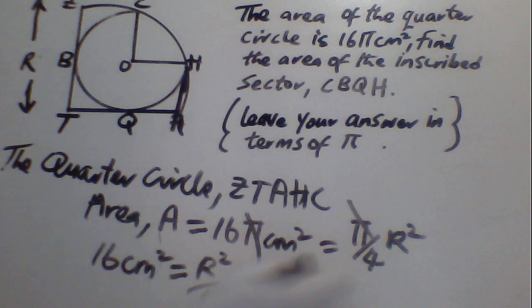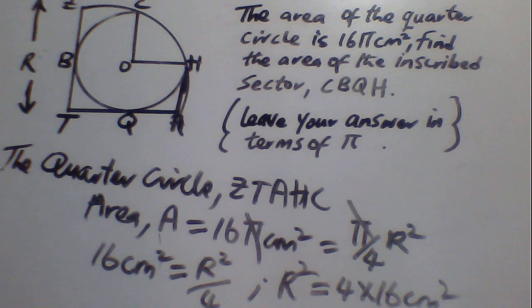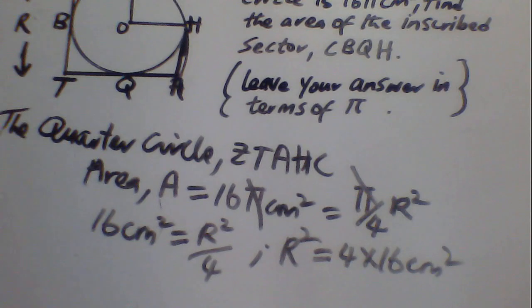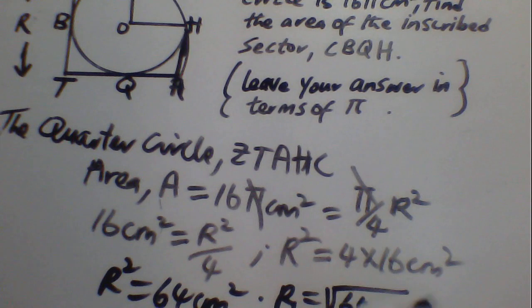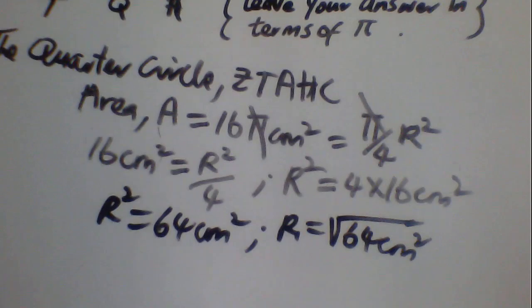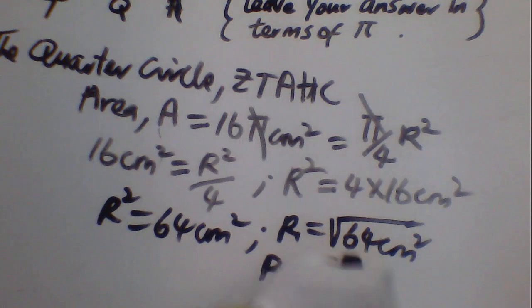Cross multiply, so r squared is equal to 4 times 16 cm squared. That gives us r squared equals 64 cm squared. So find the square root of both sides. You have r equals the square root of 64 cm squared, and that gives us r equals 8 cm.